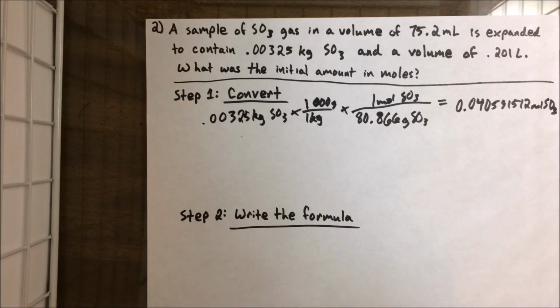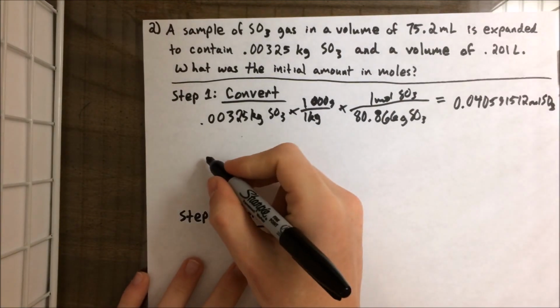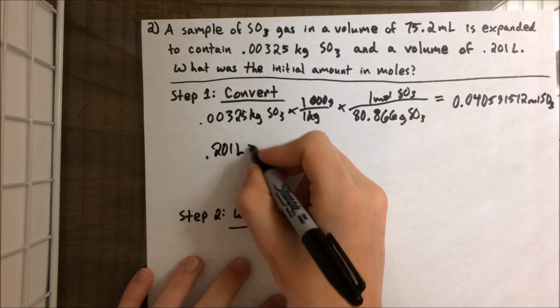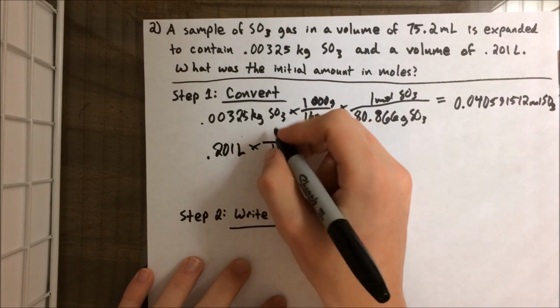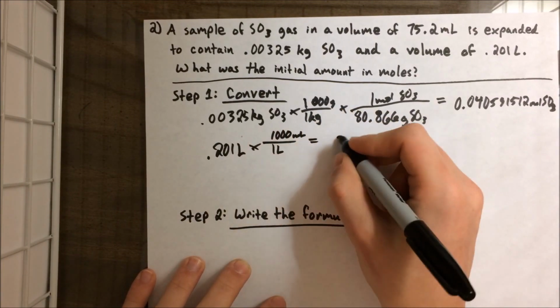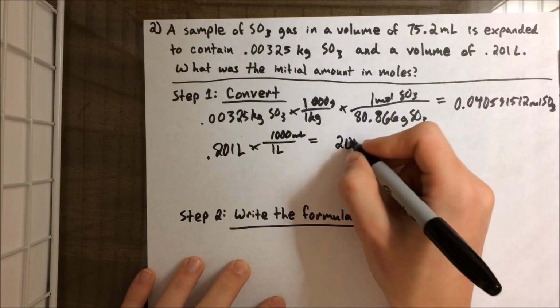Okay, so then part 2 is to convert the liter amount into milliliters. So then with that conversion, we're going to get 201 milliliters.